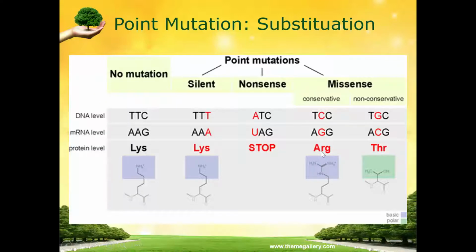If the properties of the amino acid remain the same, it's called conservative. But if the amino acid has different properties than the wild type, for example this has different properties than this one, the protein can lose its function, which can result in a disease in the organism.